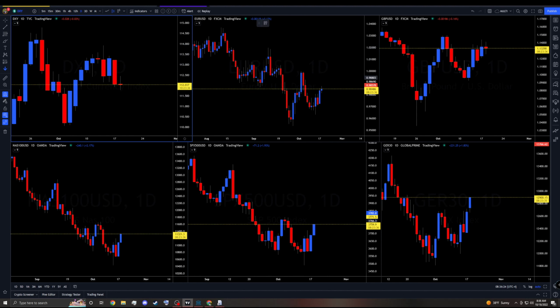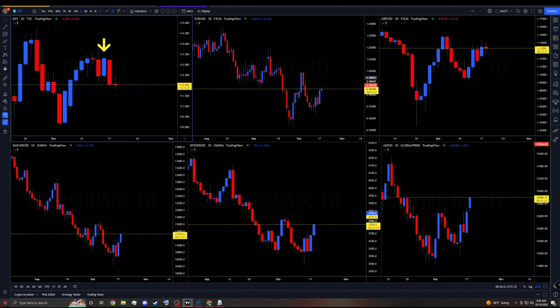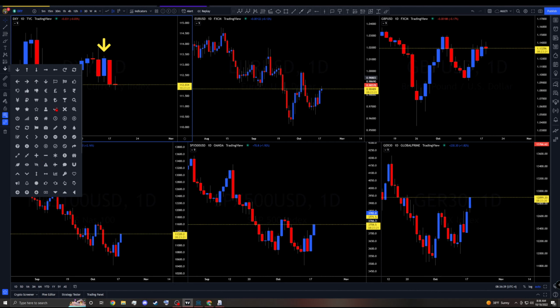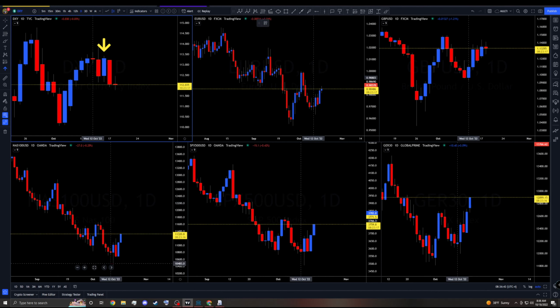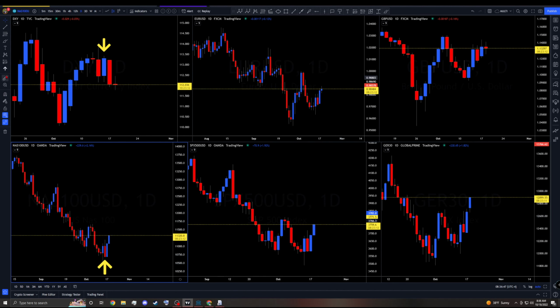This select candle right here, to me, serves as a sell signal. And just because it's circling out, where's the up arrow? Things like this. This is what I'm noticing.